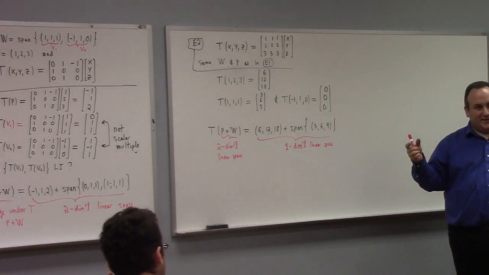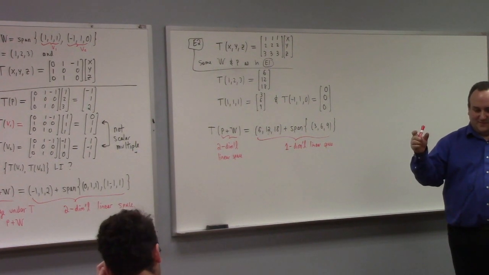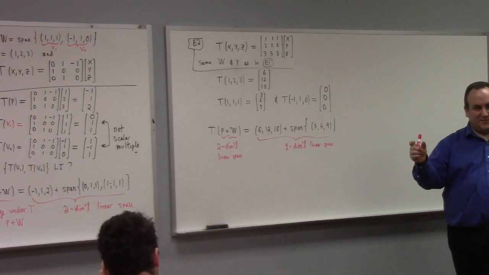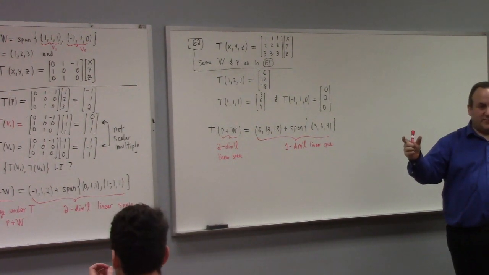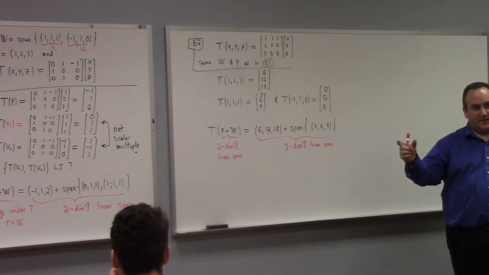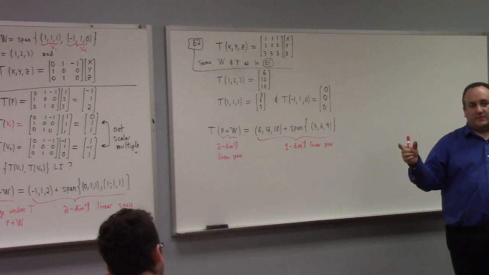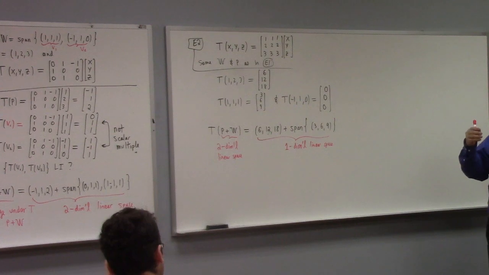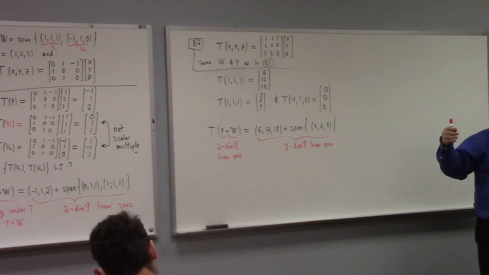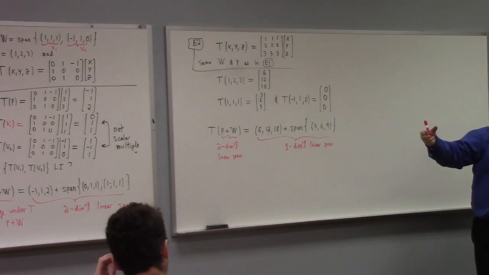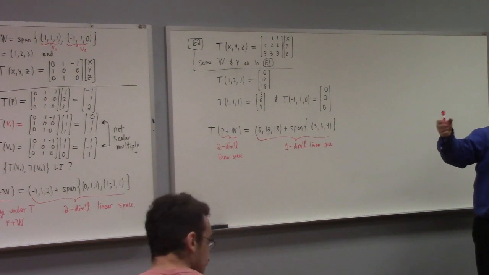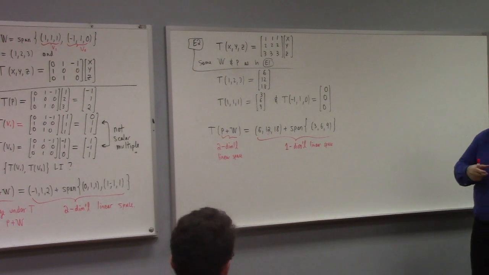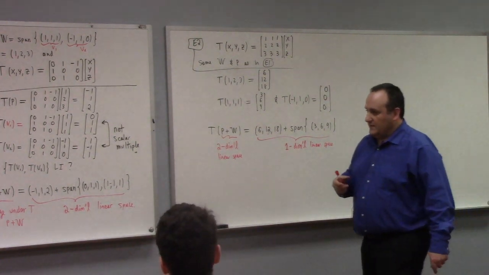For graphs, we can only do maybe 2 inputs and 1 output, or 1 input and 2 outputs at most. If you've got 2 inputs and 2 outputs, you need a 4-dimensional space to make a graph. So that's why we were drawing pictures like we did last time, where we look at the input space and the output space, and then we study how particular objects are morphed from one space to the other by the transformation. That's how we visualize things here.